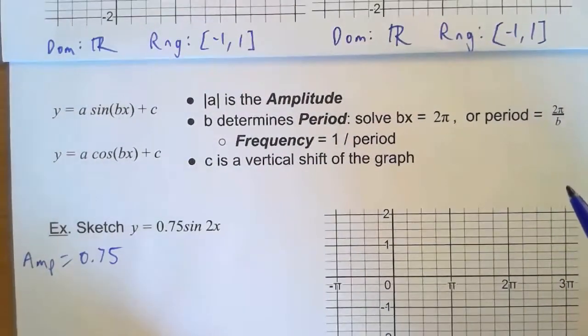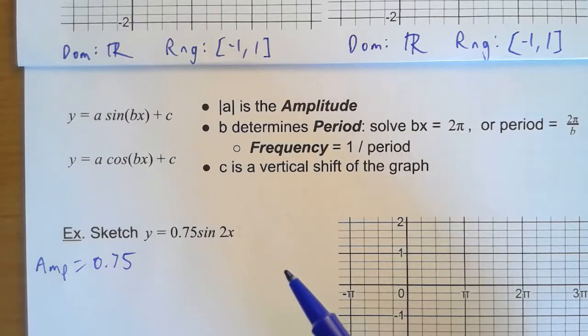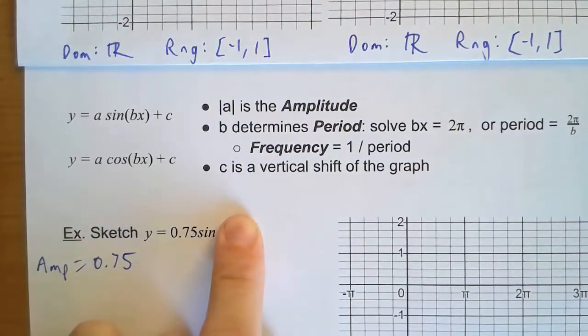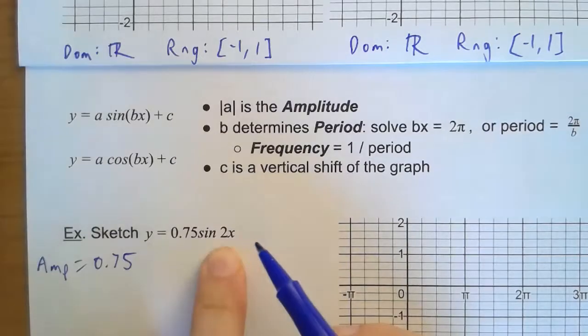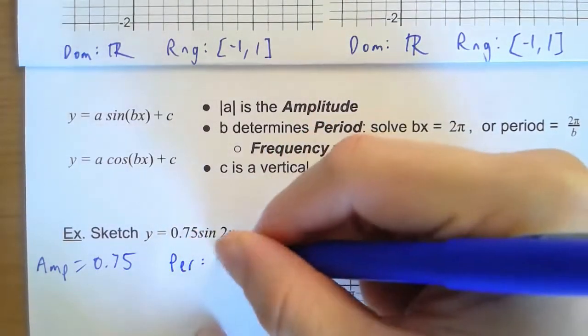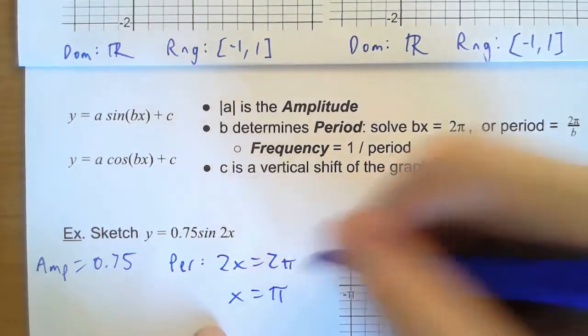What I usually think about, though, because I don't like to memorize things, I know that the period is usually 2 pi. So, like when what's behind my finger is 2 pi, that should be the end of the period. That should be a full cycle. Right? So when 2x equals 2 pi, that'll be the end of the period. So I solve this equation here, and I get x equals pi.